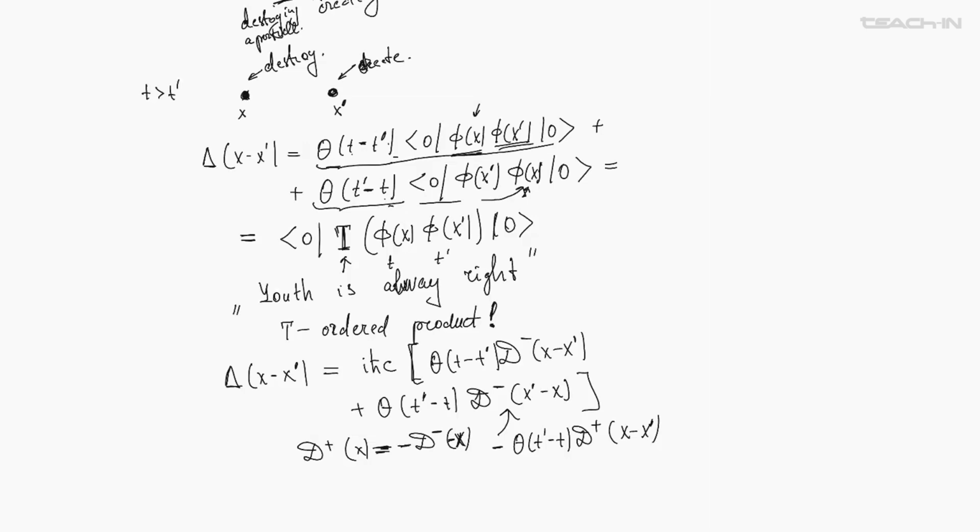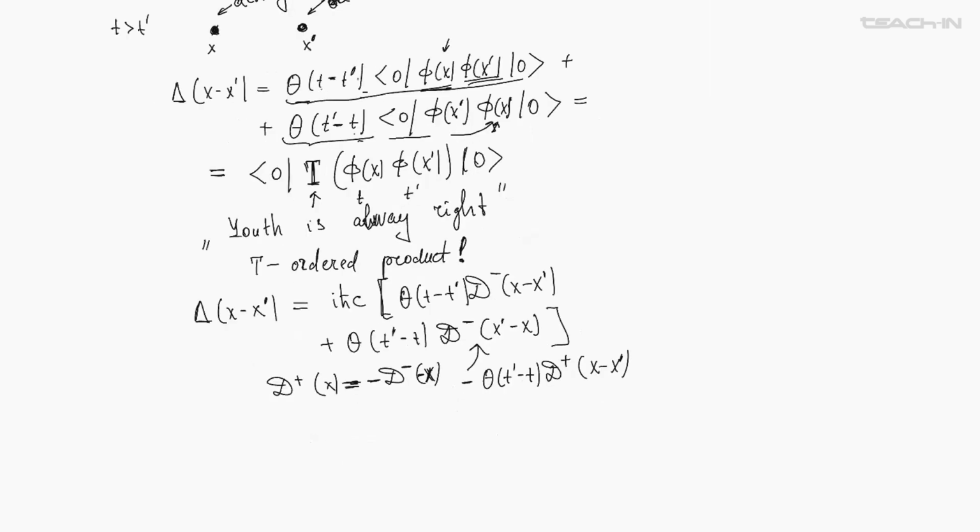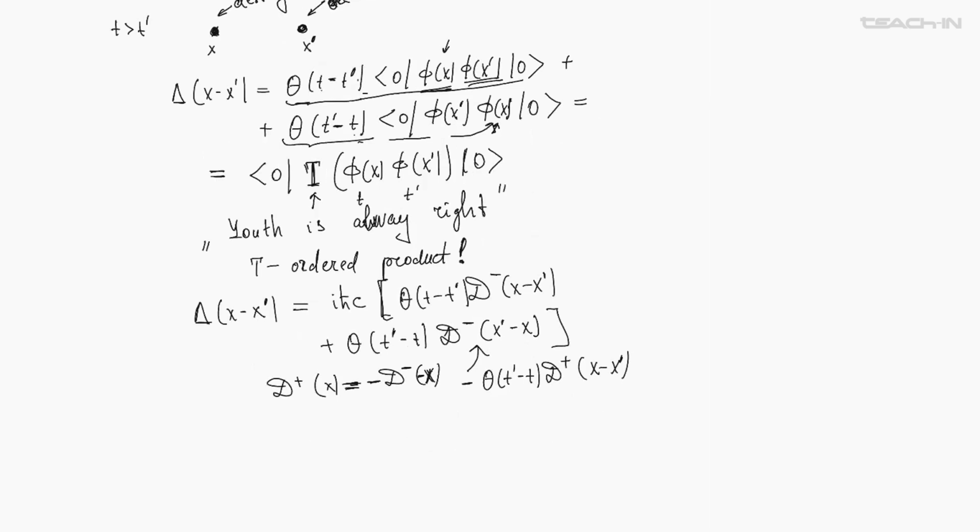Yes, indeed. So physically we can say that for two points we cannot distinguish whether a particle is traveling from point A to point B, or from point B to point A. So that's why we are superposing the two times here, t minus t prime and then t prime minus t.